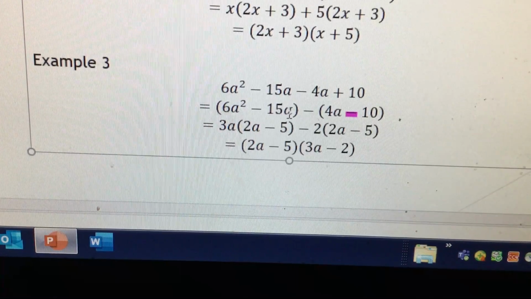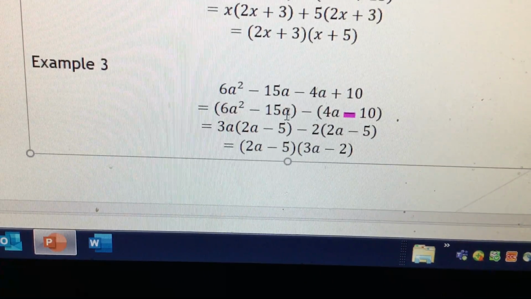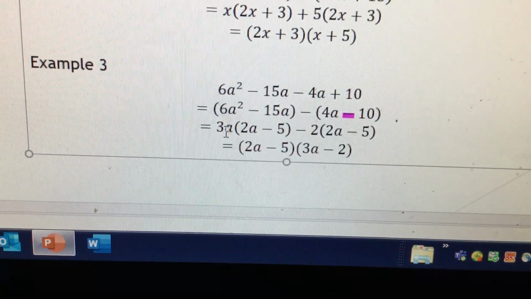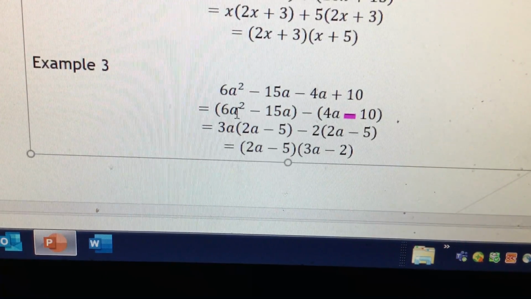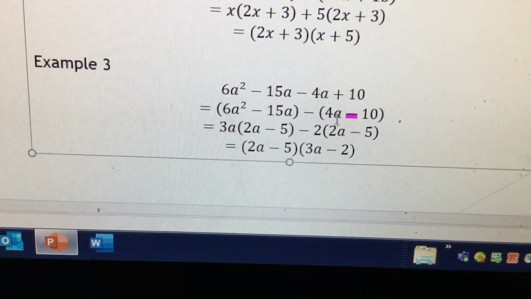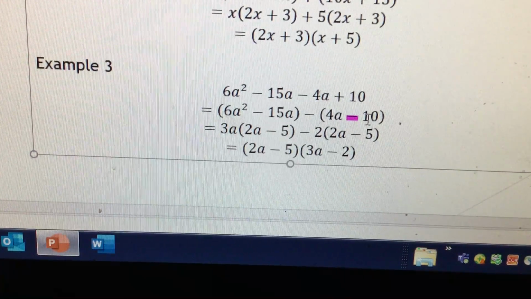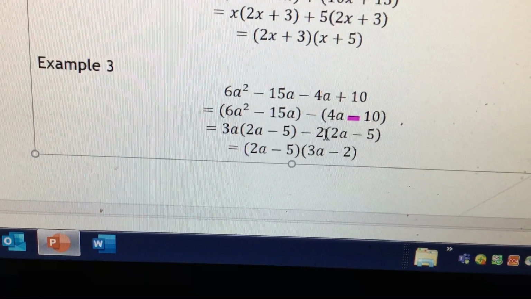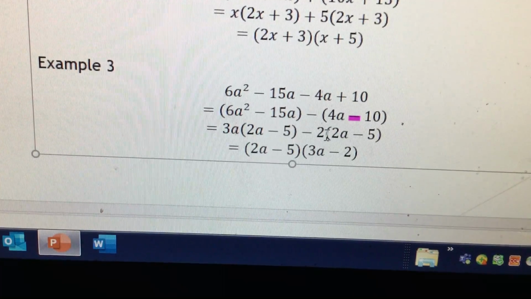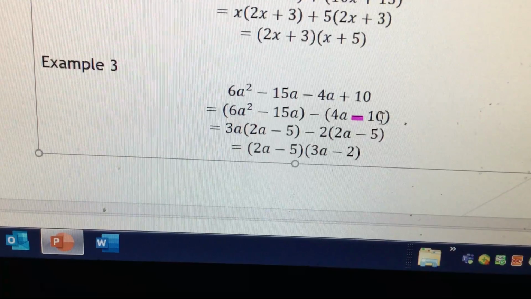6a² − 15a: there is 3 common in the numbers and a in the letters, and 3a times 2a will give you 6a², 3a times 5 will give you 15a. And factorizing the second bracket, 4a − 10, there's a 2 common in both, and 2 times 2a is 4a, and 2 times 5 is 10.